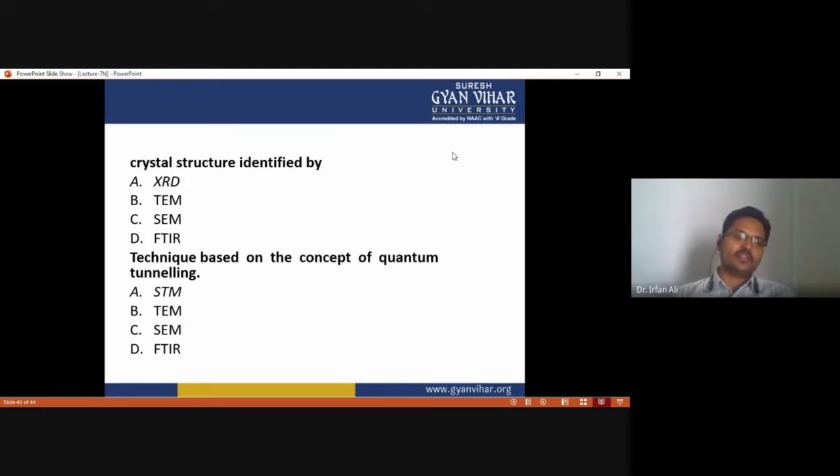FTIR is based on the vibration of atoms in a certain space, scanning electron microscopy is based on scattered electrons and secondary electrons, and transmission electron microscopy is based on the electron being passed through a thin section of the specimen. So definitely the scanning tunneling microscopy is based on the concept of quantum tunneling. The correct option is A.